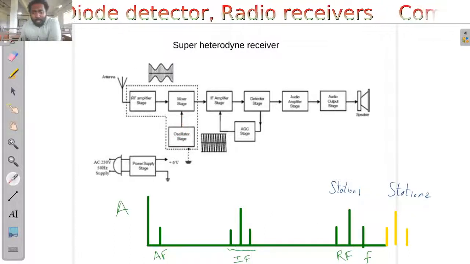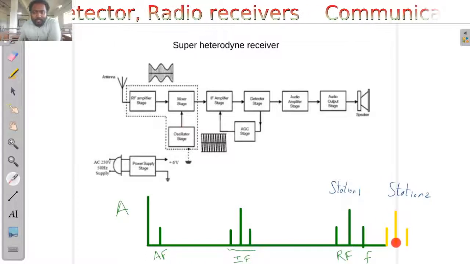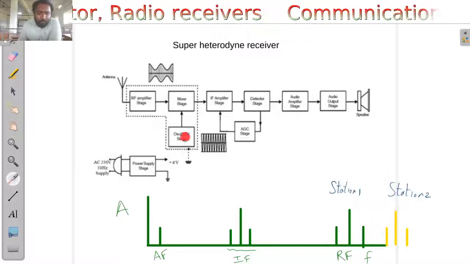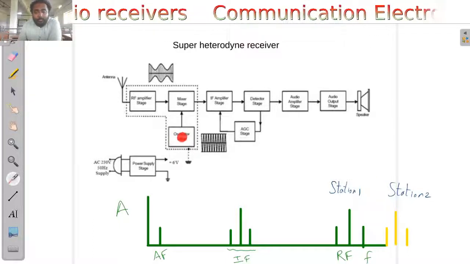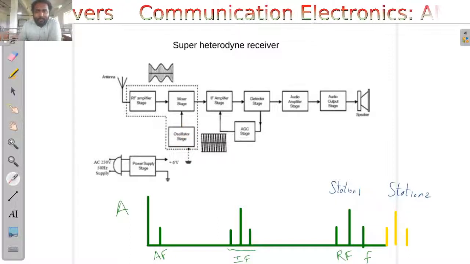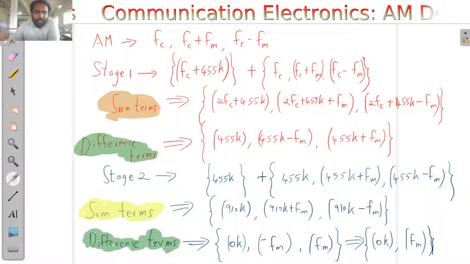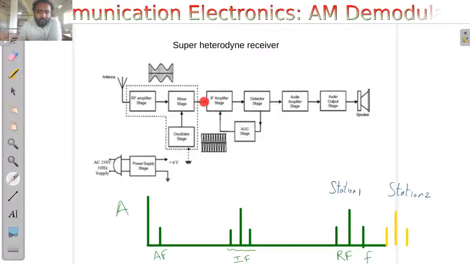If I want to tune to station 2, which has a center frequency FC2, then I will tune the oscillator's output to FC2 plus 455 kilohertz. This 455 kilohertz is called the intermediate frequency. So here you can see the stage 1 output.